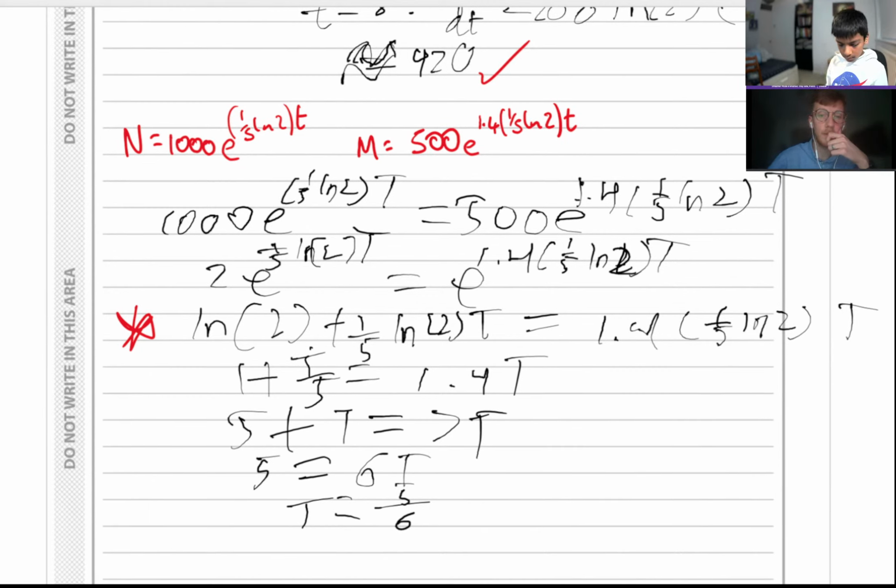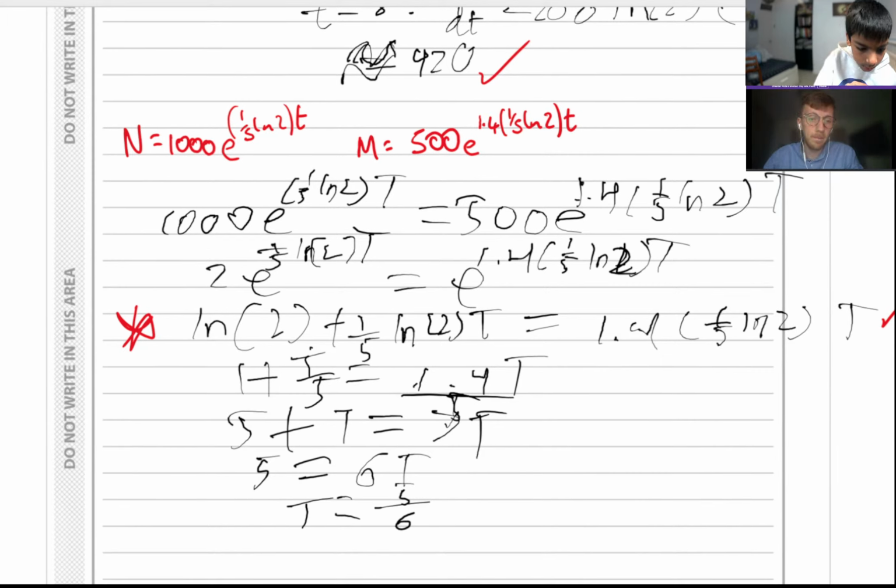So this step is fine, up to the one I've just ticked. But when you divide through by ln2, you'll get 1 plus t over 5. Yeah. That's fine. But what should you have on the right hand side? 1.4 over 5. Good, yeah. You've left that fifth out.